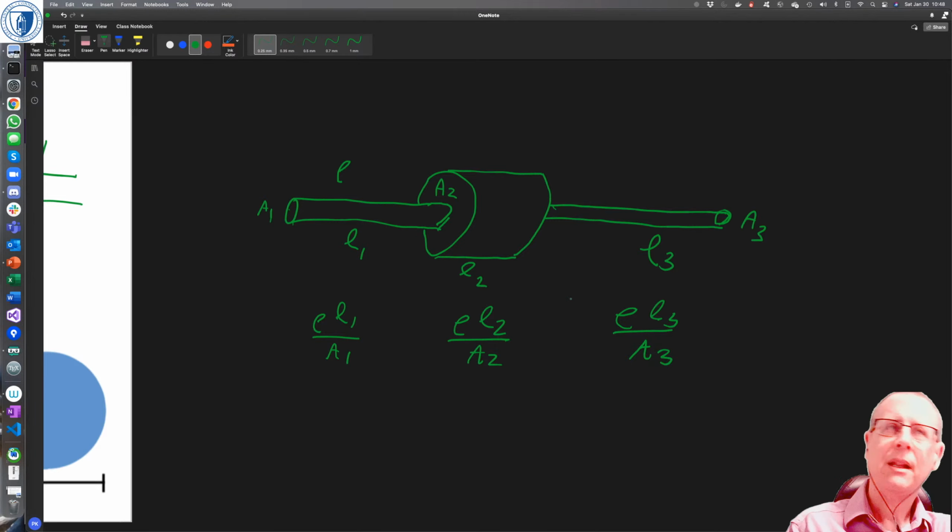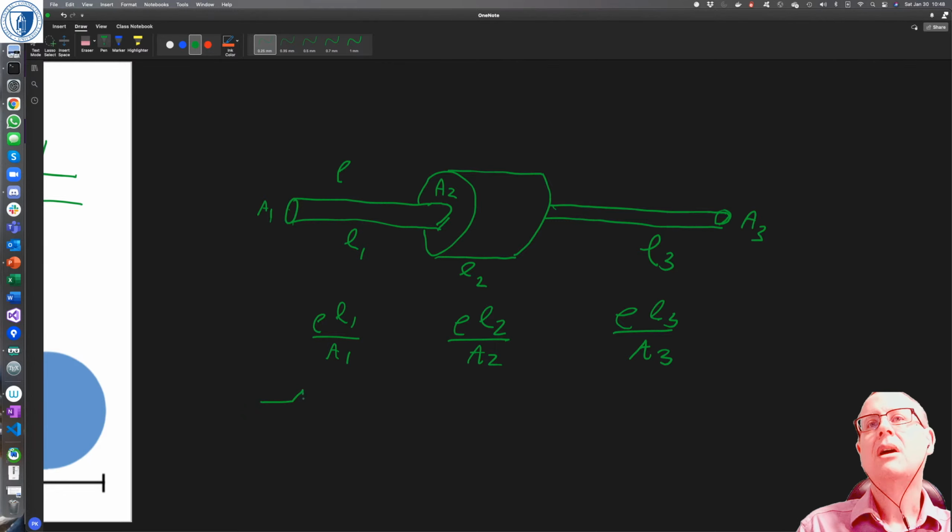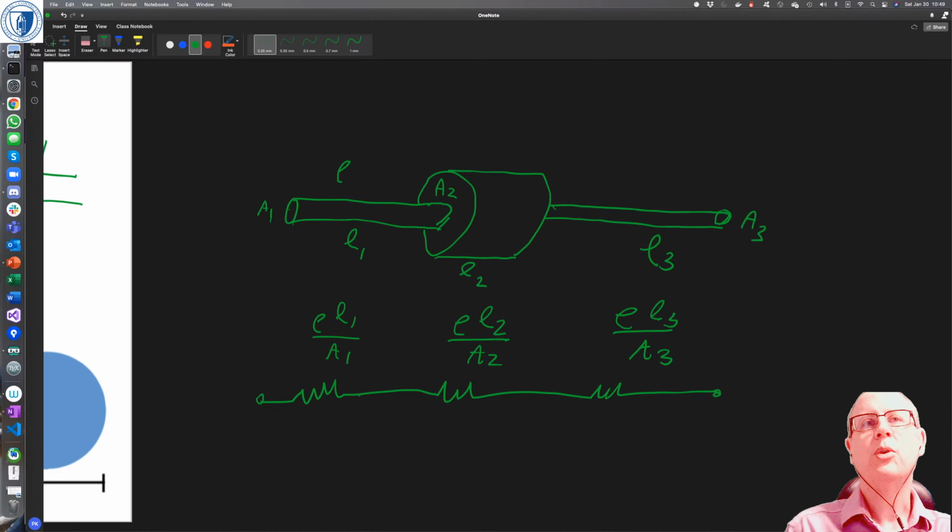And then we can just combine them into looking like 3 resistors in series like that, if we were drawing the electrical circuit. So that's R1, R2, and R3.